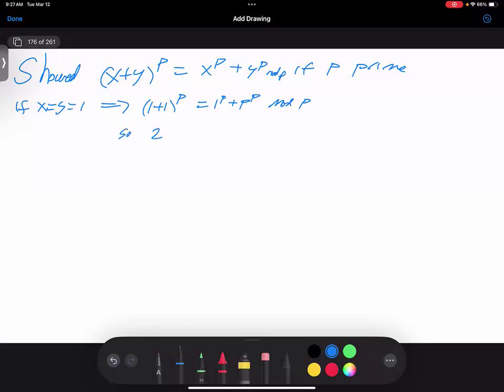So 2 to the p equals 2 mod p, or 2 to the p minus 1 equals 1 mod p if p does not equal 2.